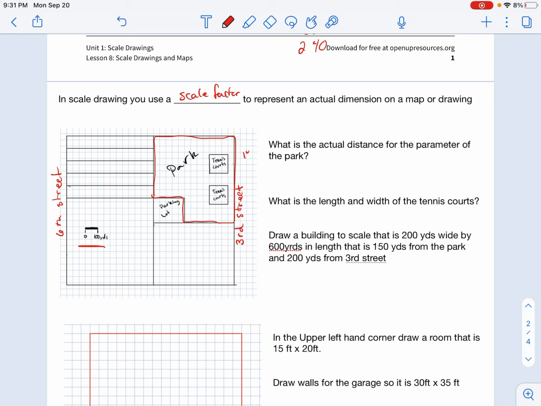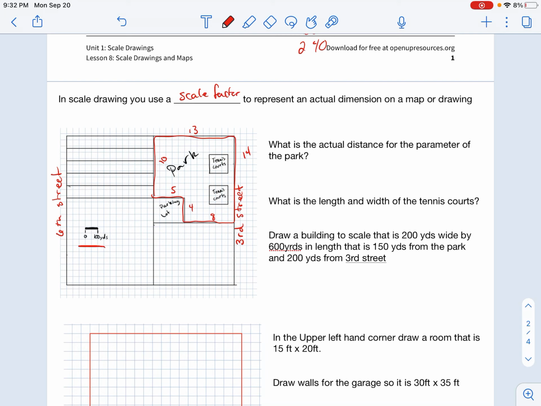So we have 14 over here, 13 up here, 10 over here, 5 here and 4 here, and then this last one, 8 here.